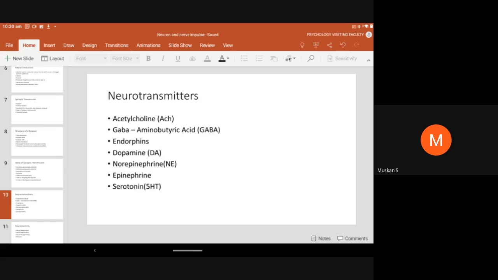Now, it helps in reducing obviously the anxiety. So, if any person is having some anxiety, then this type of medicines are given by the psychiatrist or the neurosurgeons or neurological doctors to increase this level. Okay.